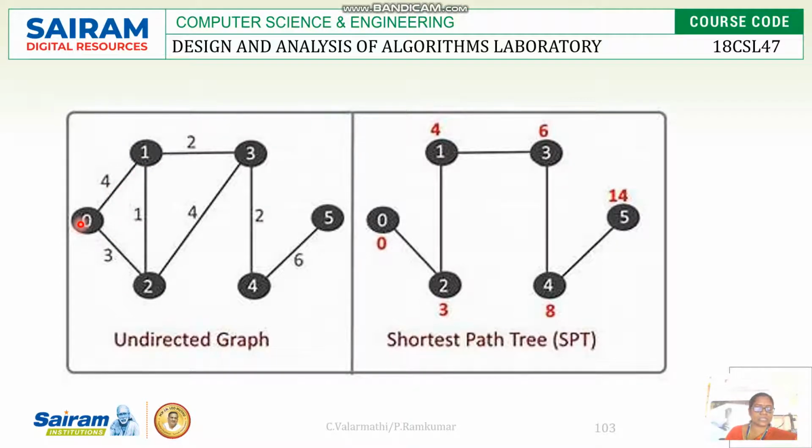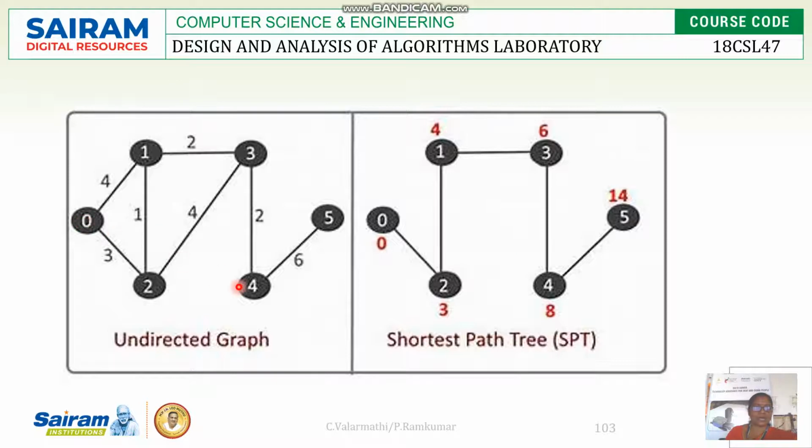Similarly, from 0 to 1, 4 is the weight, and from 0 to 2, 3 is the weight, and from 1 to 2, 1 is the weight. Likewise, every edge has a weight in this graph. So assume this is the one input for your Dijkstra's algorithm, and see how this Dijkstra algorithm is going to find the solution for the shortest distance.